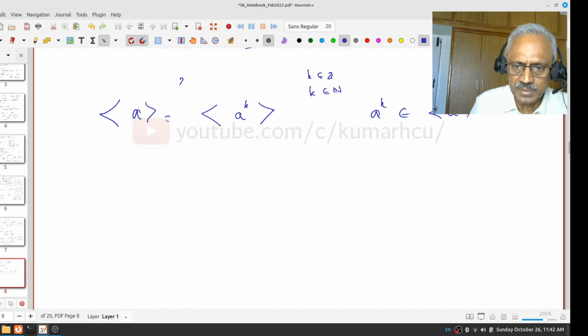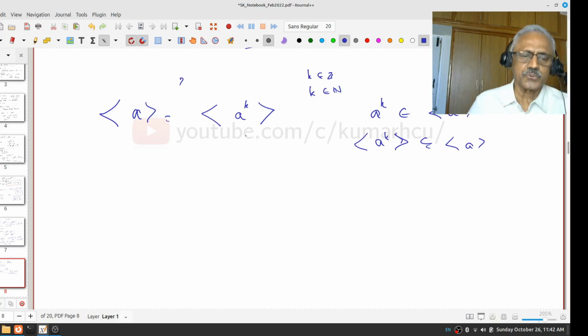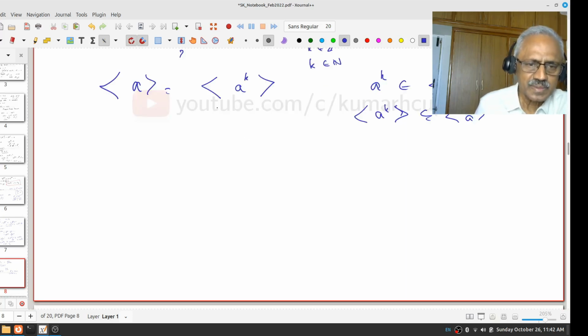This has to be in a. Therefore, this is always contained in this. What I am asking is the other way inclusion. If this is true, that means a must be in this, a to the power k. Yeah, but what is the order of a to the power k?